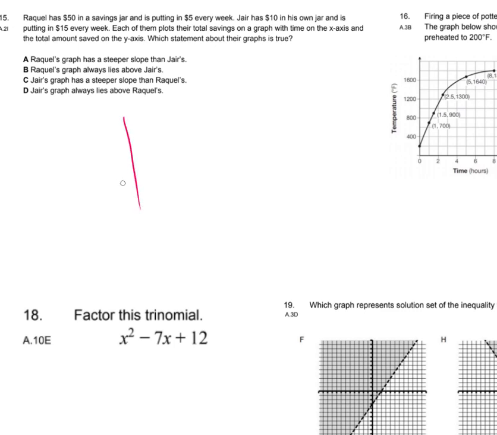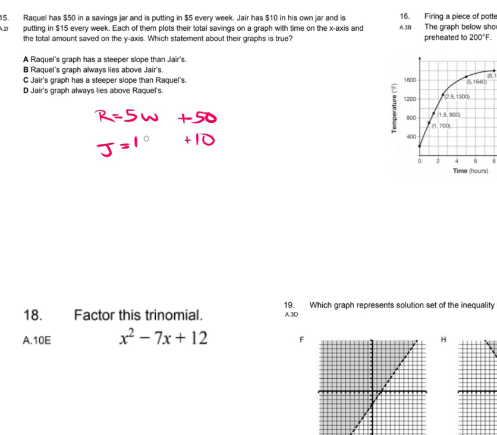So you got to think about this for a second. Raquel has $50 in a jar, so he's starting off with 50. That's going to be his y-intercept, right? So this is for Raquel. So Raquel is equal to that $50 plus he puts in $5 every week, so $5 times the number of weeks added to that $50. Now Jer, on the other hand, has just $10 in his own jar, but he manages to save more each week.